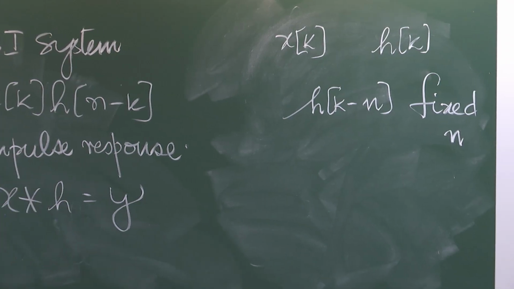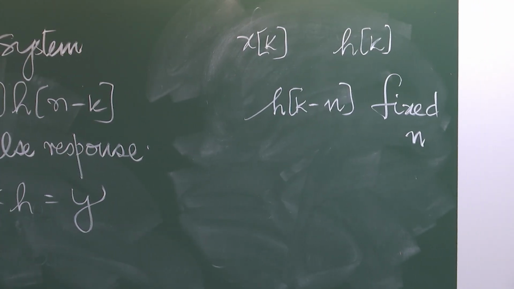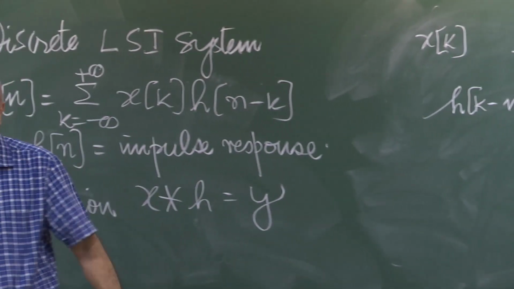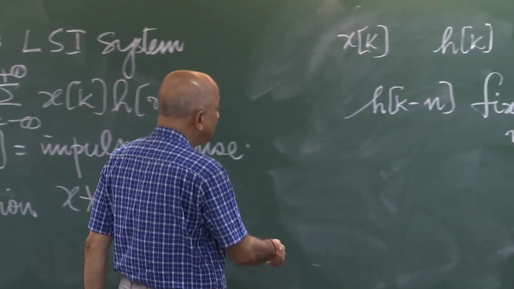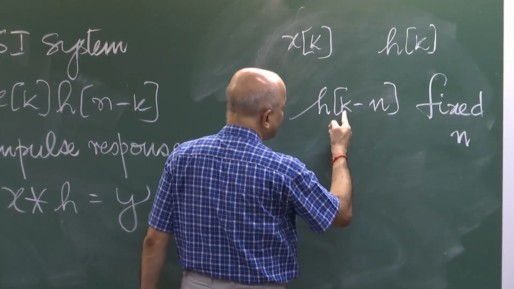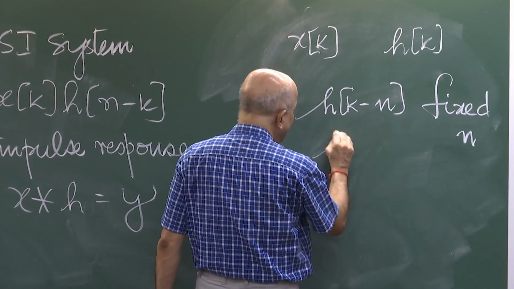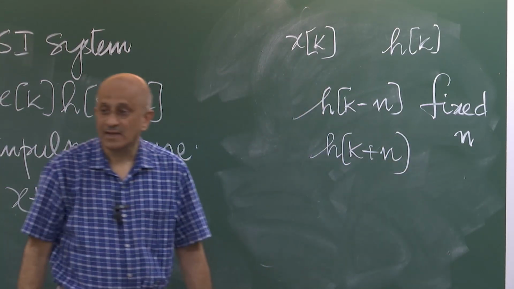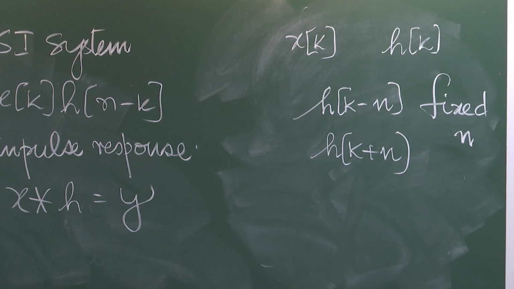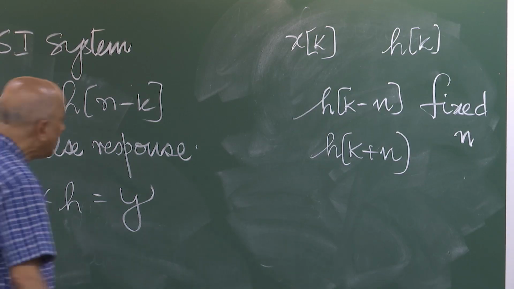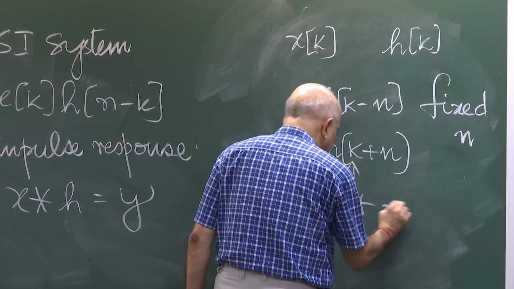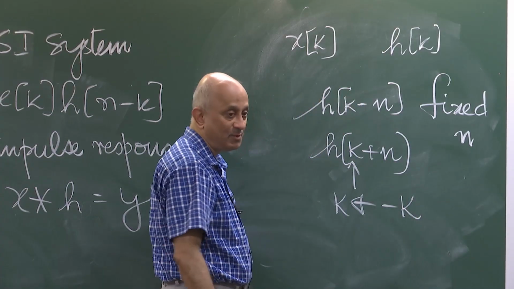What is h of k minus n? It is essentially the sequence h of k shifted forward by n, is that right? Similarly h of k plus n would be the sequence h of k shifted backwards by n, is that right? Now, in this, if you replace k by minus k, what are you doing?